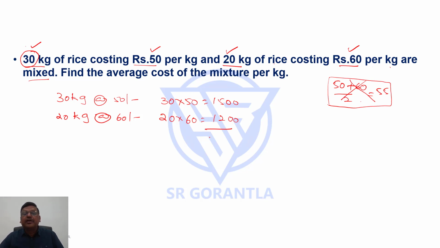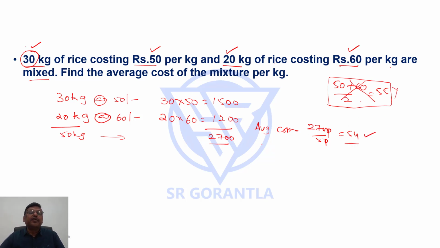So in total we spent 2700 rupees to buy 50 kilograms. If the cost of 50 kilograms is 2700, what is the average cost? 2700 by 50. You simplify this, you get 54. So the average cost is not 55, it is 54 because of the different quantities.